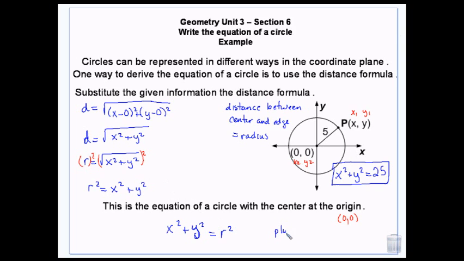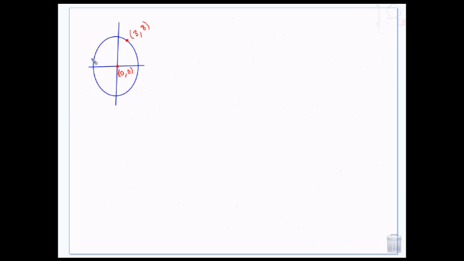So plug in the radius. To find the equation of this circle, the center is at the origin. So my formula is going to be x squared plus y squared equals r squared. This is the equation.